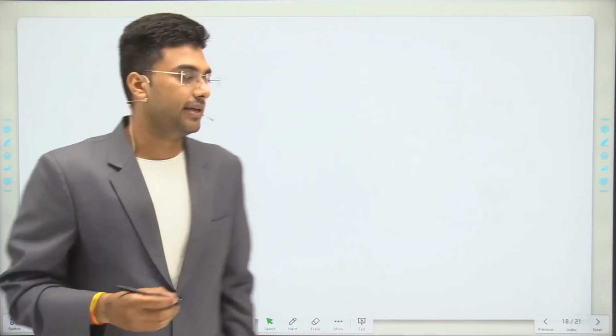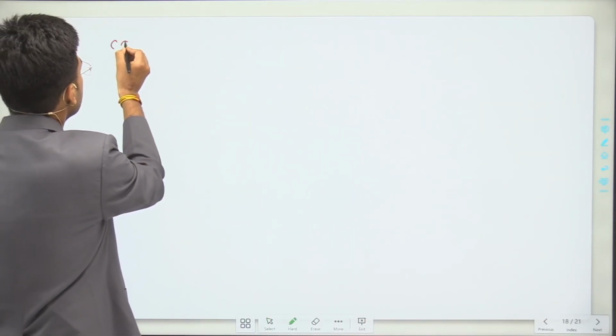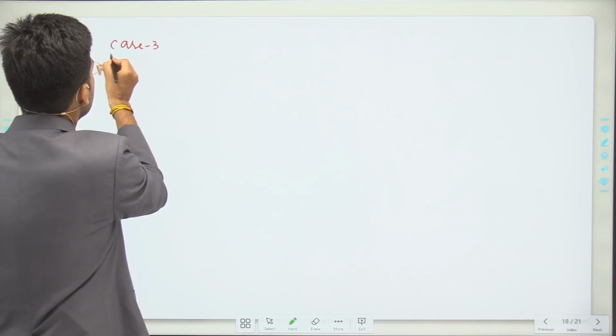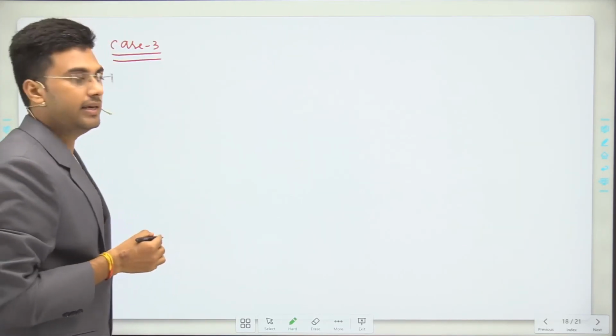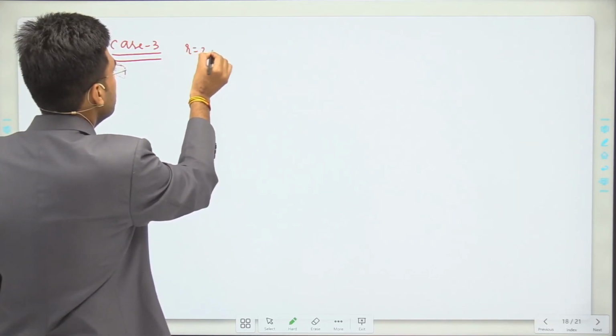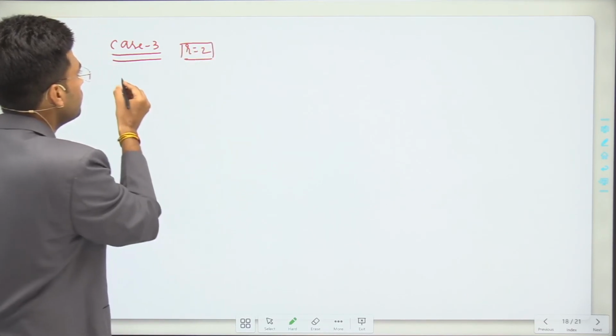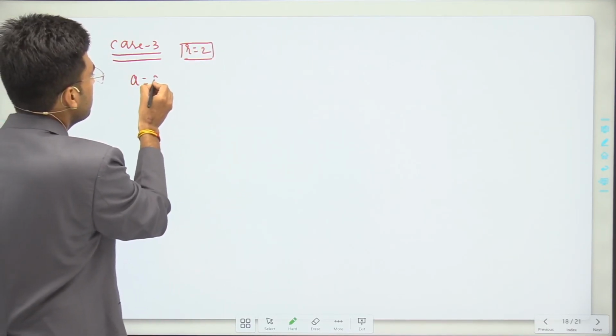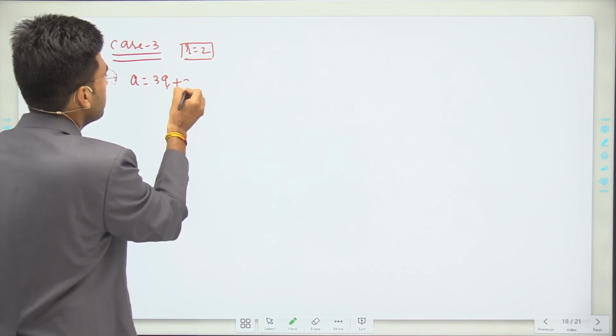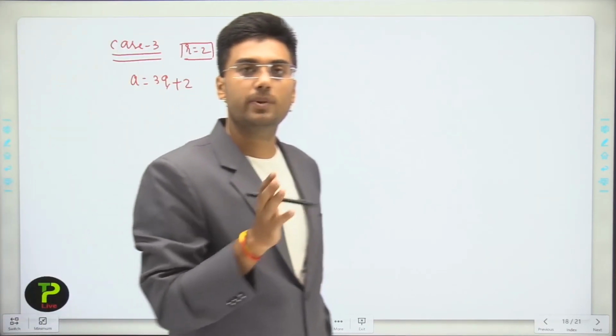Next case, case 3. In case 3 we have to choose r is equal to 2. If r is equal to 2, then a is equal to 3q plus 2.